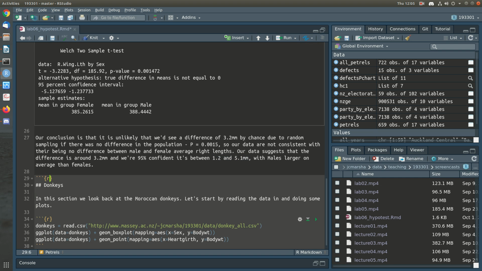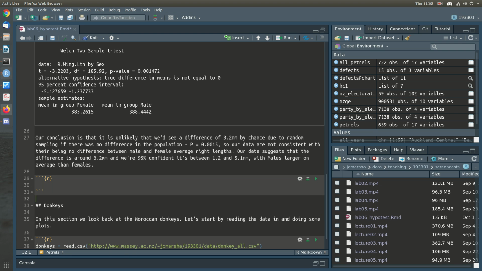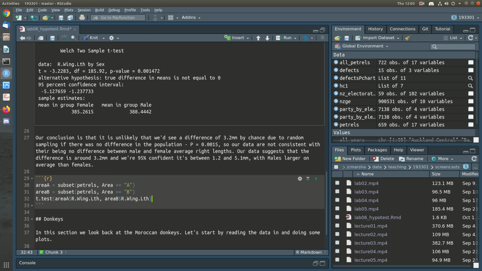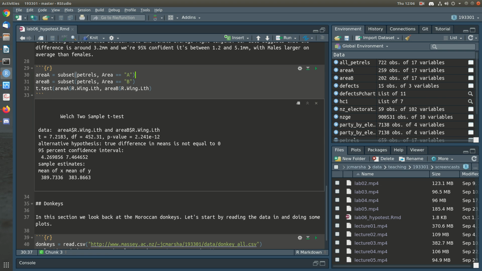What about between the areas? We'll add another code block and do the same thing, but between areas. I'm copying and pasting the code in from the lab sheet. Here we're checking whether there's a difference between area A and area B. So what do we see here?